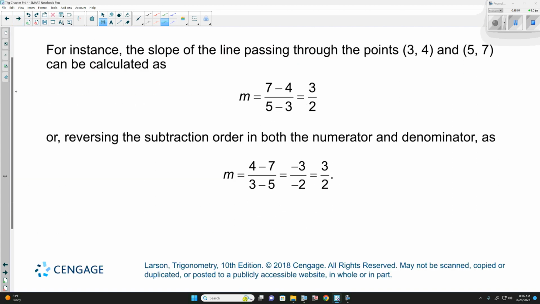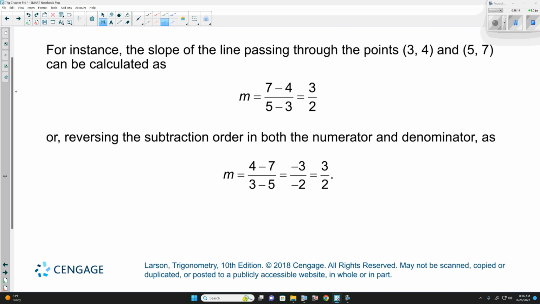And I feel like at this point we feel comfortable with slope. Because as you can see here, 7 minus 4 over 5 minus 3 gives us 3 halves. If we flip it, 4 minus 7 over 3 minus 5, we flip both, gives us negative 3 over negative 2. Yep, so the sign change that was caused by flipping it is offset.